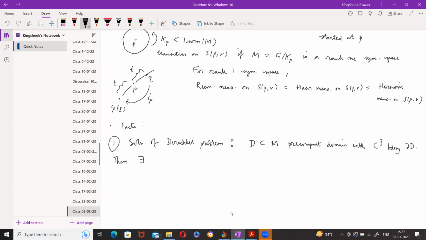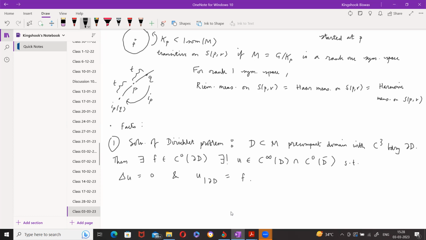Then for all continuous functions f on boundary D, there exists a unique U which is smooth in D and continuous up to the closure of D, such that U is harmonic and U restricted to boundary D is equal to f.